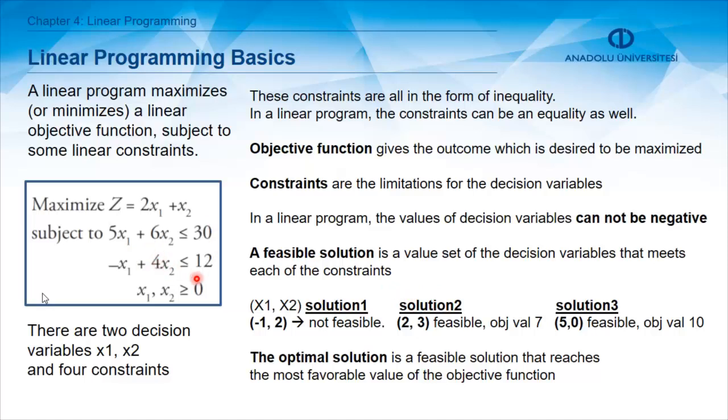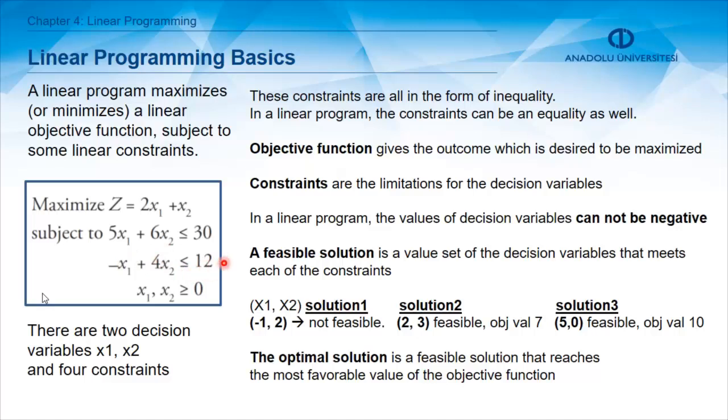Let's look at another constraint. Here minus x1, and x1 was 2, so it's -2, plus x2 is 3. We know that from the solution, the value at solution 2. 4 times 3 here is 12, minus 2, it is 10, and it's still less than 12.